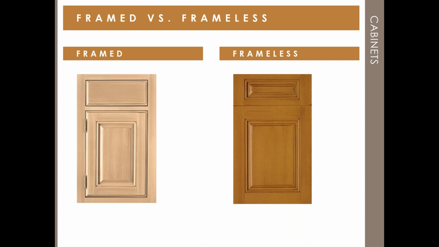And lo and behold, over the last 6 months, I've had 2 clients. One is in Aurora, a Century Home, wanted to be in keeping with the authenticity of the architecture. And the other one I happened to sell this week, and they wanted the island to look like Old World. So we did the hinges on those, but we had to have frame cabinetry to do that.